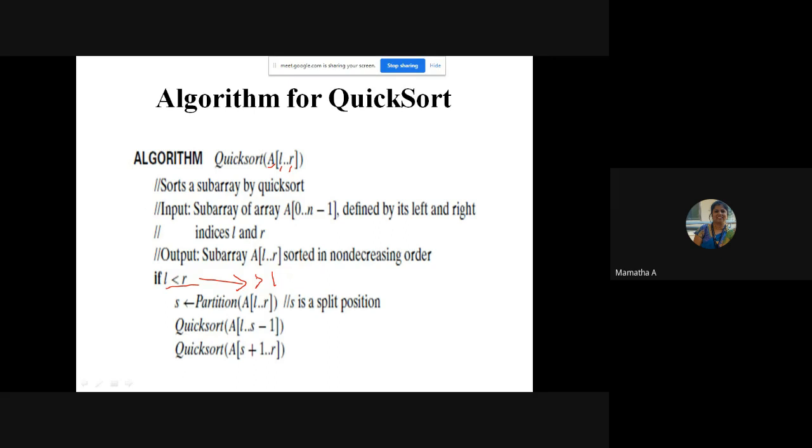And you can observe here, I'm calling one partitioning method, passing the array A, L to R, wherein this partition will do whatever I said, and then returns the split position. S is my split position, and remember, S is the final position of the pivot element which is selected in the partition.